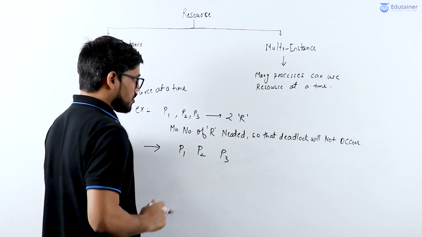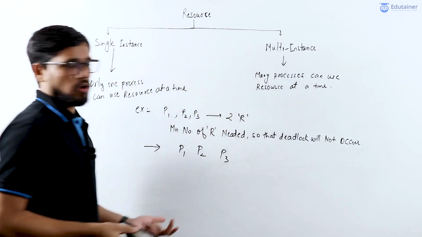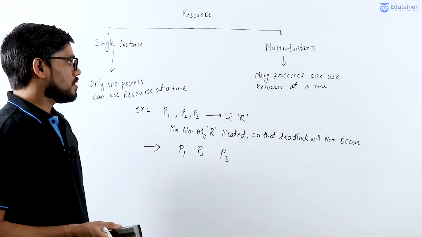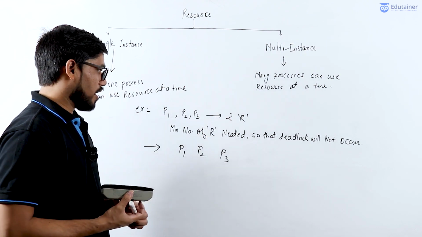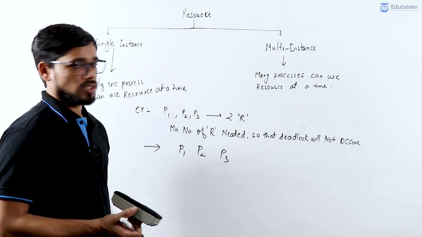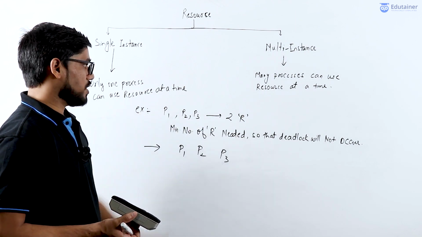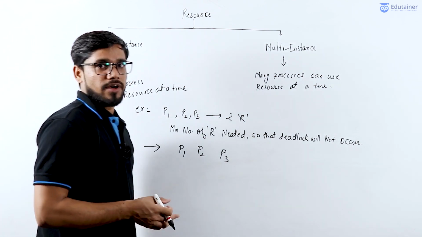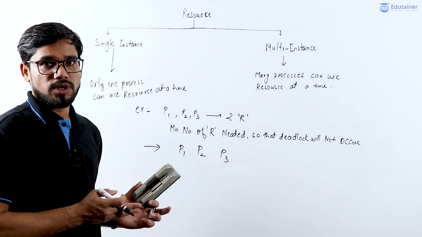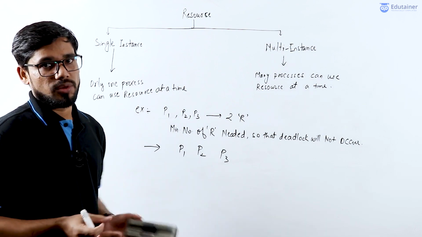Each process requires 2 units of R. If we give them 2 units each, then a deadlock will not occur. But the main problem is, if we do not have a sufficient number of resources to allocate 2 units each, then we have to test whether we can give 1 unit of resource R, or whether we can give 0 units of resource R to the 3 processes.